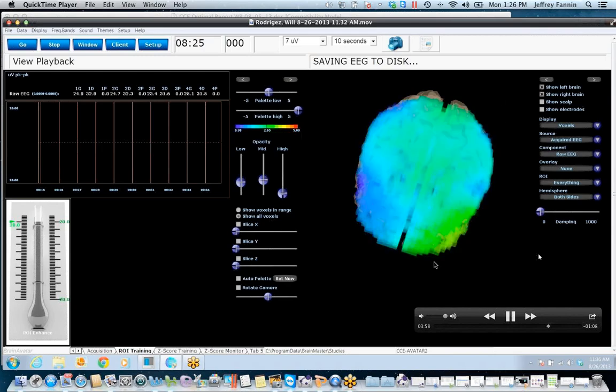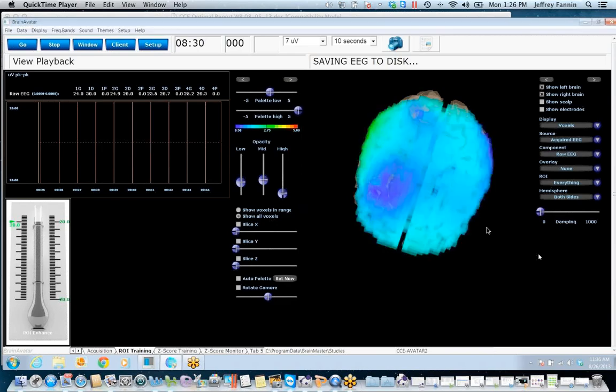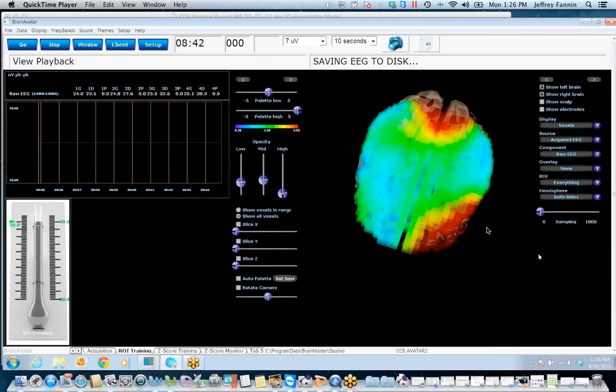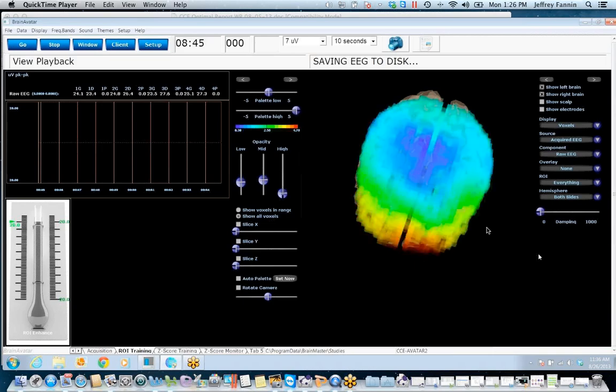You see how these look like little tiny cubes? Might be a little hard to see, but those are 5 by 5 by 5 millimeter cubes, and it's calculating all of the energy in your brain that makes up the cortex. There's 3,279 of them that make up that cortex, and it's calculating literally hundreds of thousands of vectors.